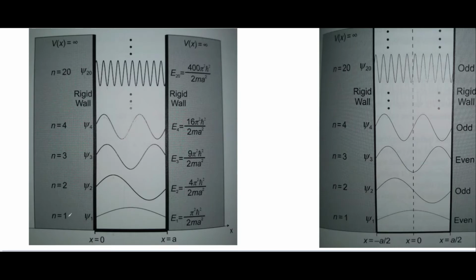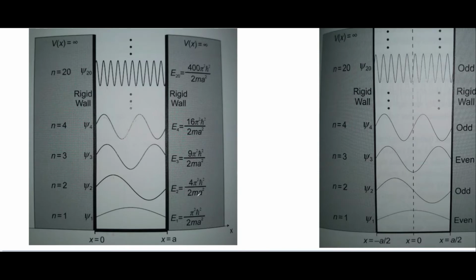If you've taken chemistry, you know that these n's are the principal quantum number, and that's the energy levels of the electrons in an atom. But staying a little more general here, we're just saying that these are the energy levels of a particle in this infinite rectangular potential well.